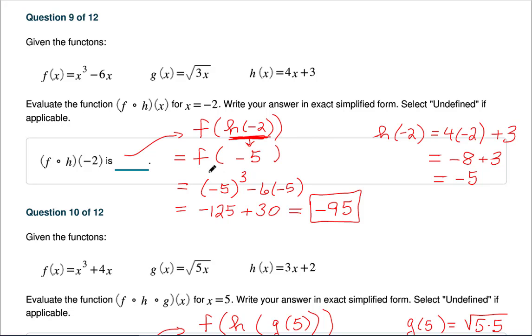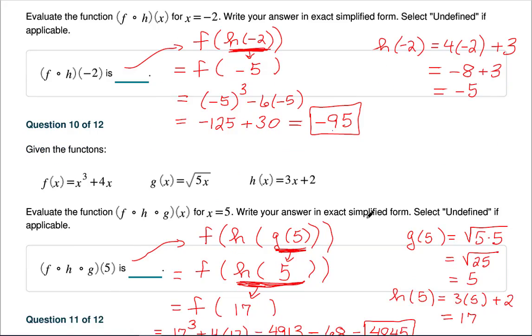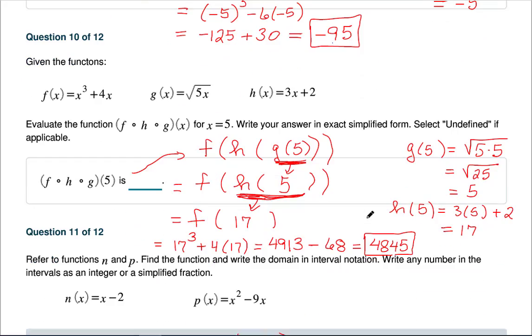Minus 5 then goes into function f, which is minus 5 cubed minus 6 times minus 5, and we get a minus 95.